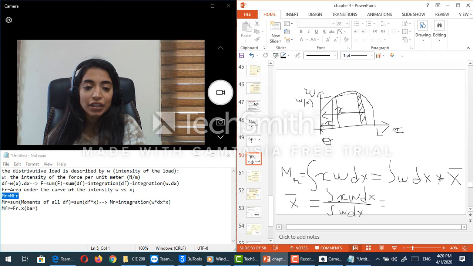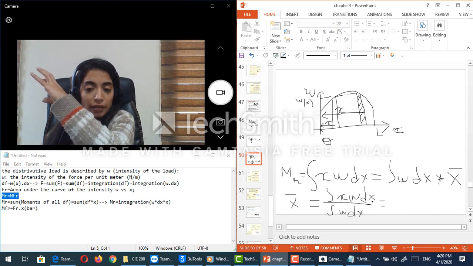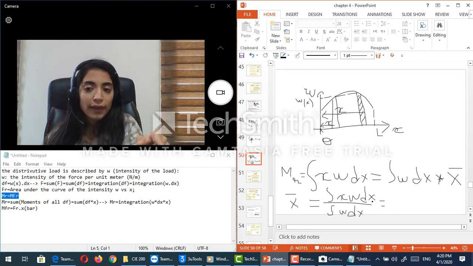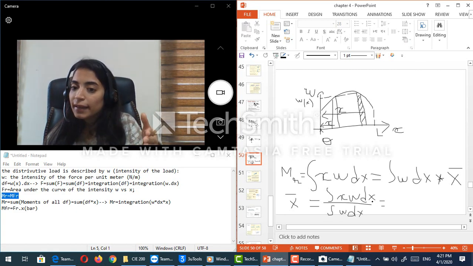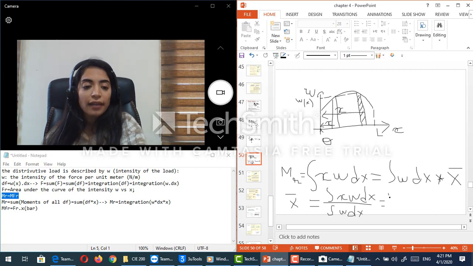Now, what is the integration of x omega dx? In the case of regular shape, omega here is constant, so I can get rid of omega from the integration, and then I will have the integration of x dx. What is the integration of x dx? It is x squared over 2, between 0 and L, which means here the answer will be omega times L squared over 2.